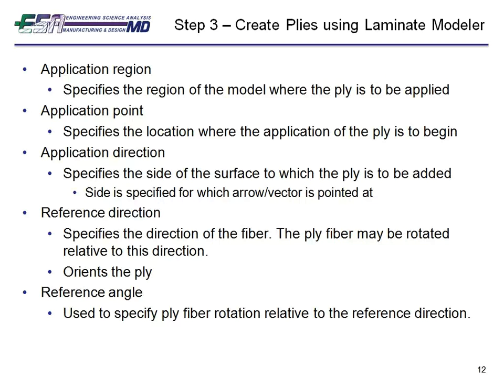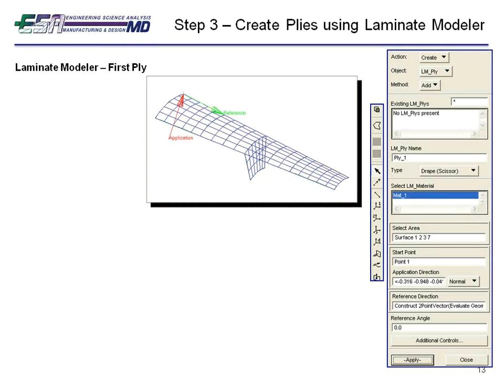Okay. So let's define our first ply. So under Action, we choose Create. Under Object, we choose Laminate Ply, and Method, we choose Add. The type is going to be draped scissor, so it's going to be draped over the surface. And we're going to select the laminate material that we defined earlier, which is mat 1.